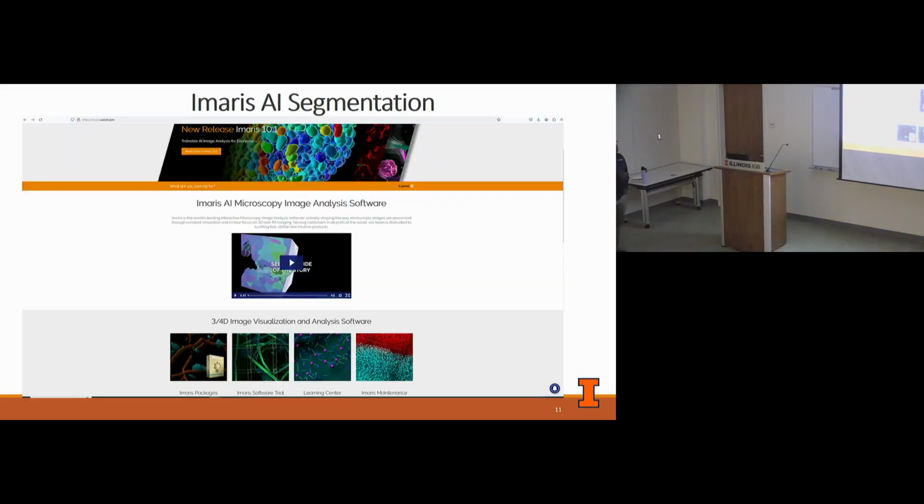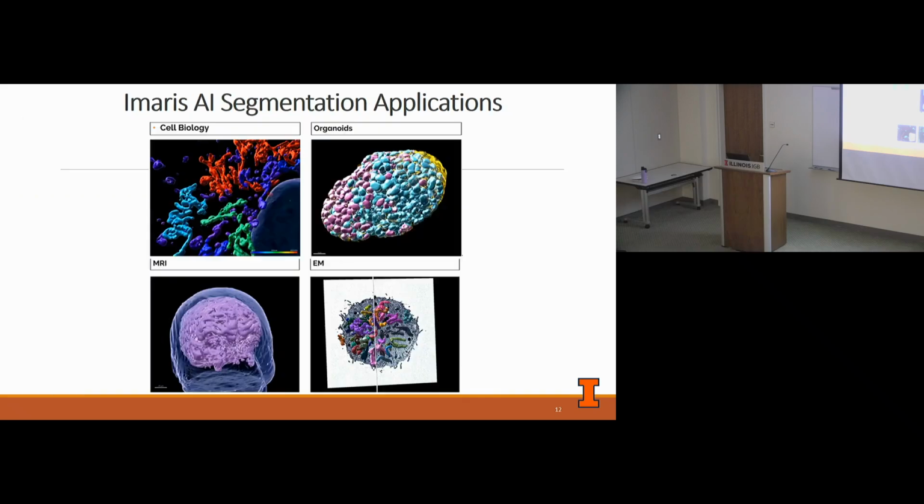The AI version is in 10.1, so if you have an earlier version, this will not work for you. The core has the latest version, which is 10.1, that has the AI capability. So that is what I'm going to focus on. And so the AI version has been applied to cell biology, looking at segmenting nuclei and other things within a cell, looking at organoids, MRI data, and even EM data.